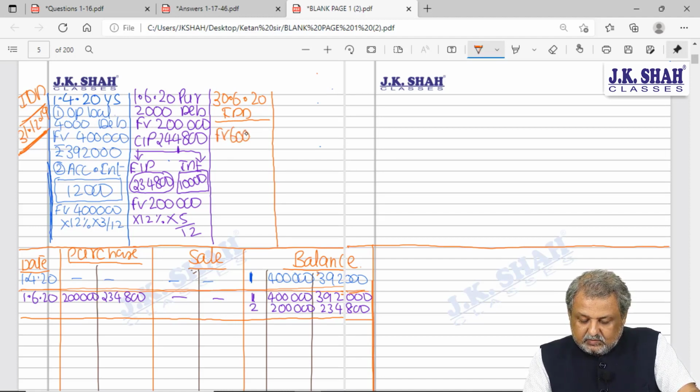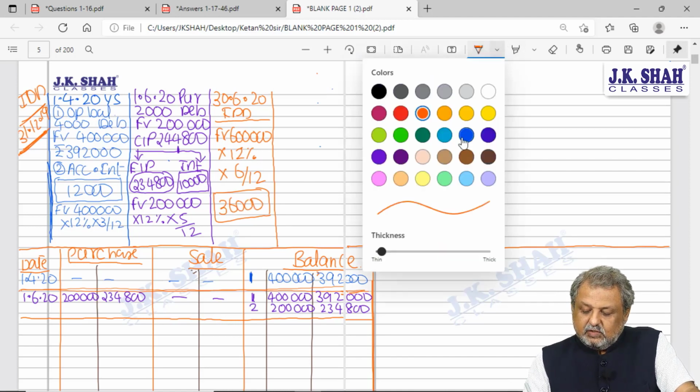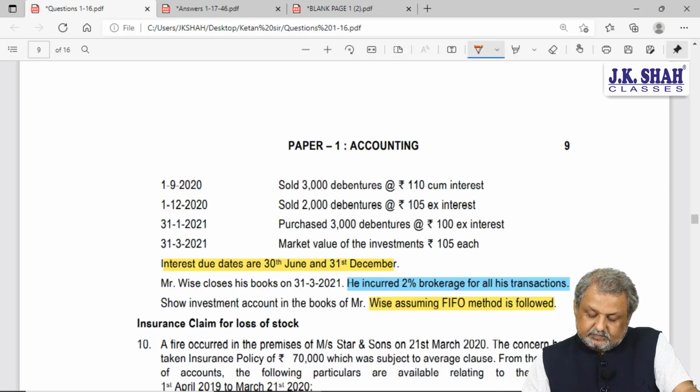So face value 6 lakhs at 12% into 6 by 12. Calculate how much interest. 36,000, but this is an interest transaction, so it will not be affecting your investment account. It will go in interest column.